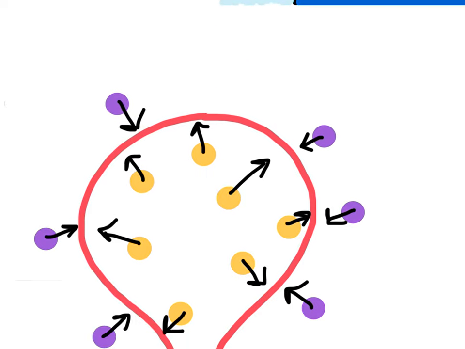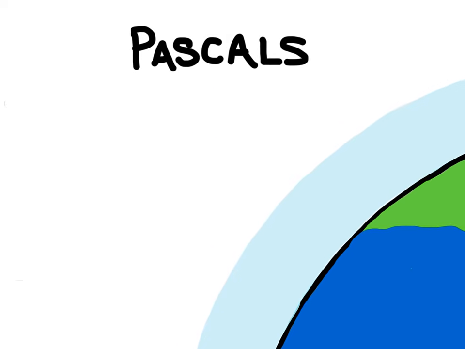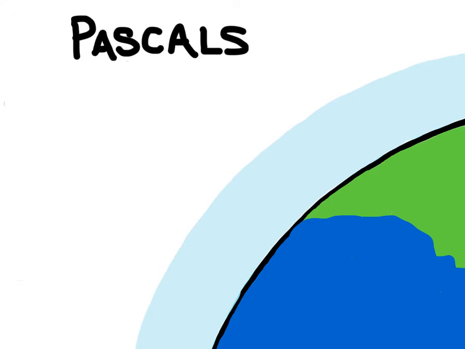Now we measure gas pressure in units of pascals. And on the Earth at sea level, there would be about 101,000 pascals. So pascals are actually a really small unit compared to the standard atmospheric pressure, or in other words, the pressure of all this atmosphere above us.